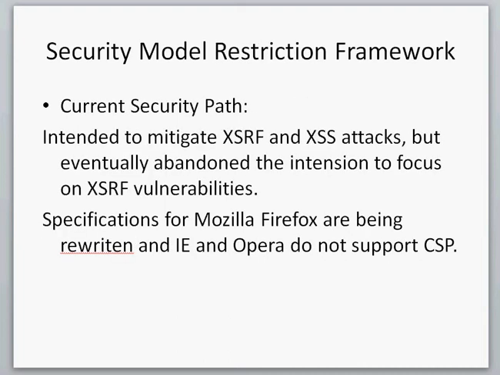Current security paths are intended to mitigate XSRF and XSS attacks, but eventually abandoned the intention to focus on XSRF. Specifications for Mozilla Firefox are being rewritten, and Internet Explorer and Opera do not support the current security path. Mozilla and others are looking at rewriting specifications against cross-site scripting attacks and the like.